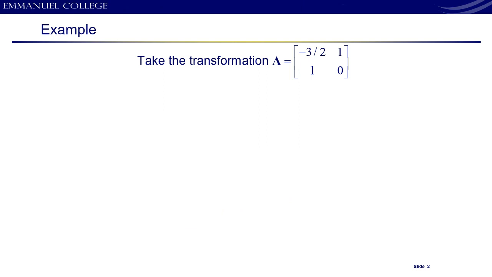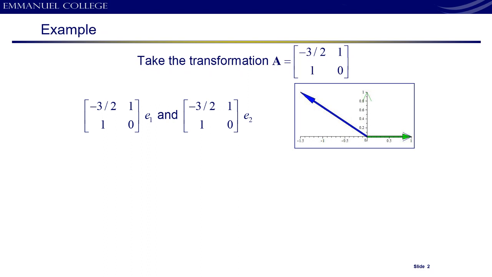So let's take this linear transformation. This is just a transformation matrix, and it's a little hard to see, but there is our E1, which is here.